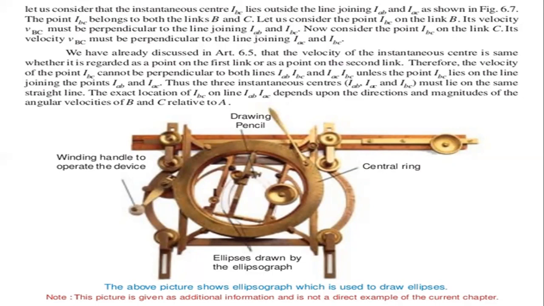Next, we have considered two links perpendicular to the lines IAC and IBC. Then the velocity of the instantaneous center is the same whether it is regarded as a point on the first link or as a point on the second link. So we can take it on either of the two sections.